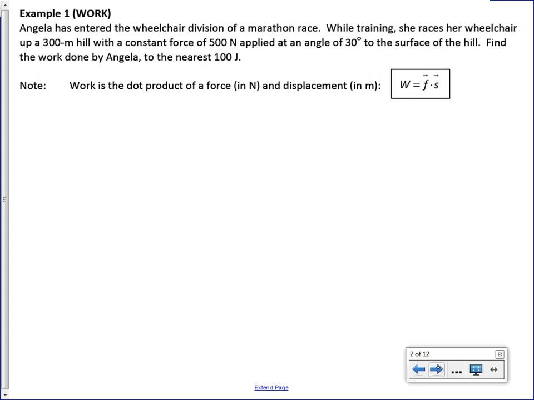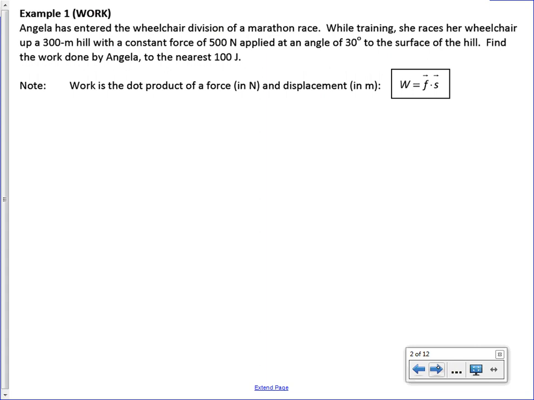All you need to know about work is that it's the dot product of a force in newtons and a displacement in meters. So here's your formula: work is the force dotted with the displacement. And your answer is going to be in a unit called joules, capital J.